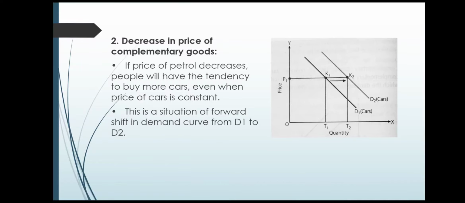So even in this situation, the price of car is the same, but when price of petrol decreases, people start to prefer to purchase these cars, and as a result there is a favorable change in demand. The demand increases, and as a result, there will be a rightward shift in the demand curve from D1 to D2.